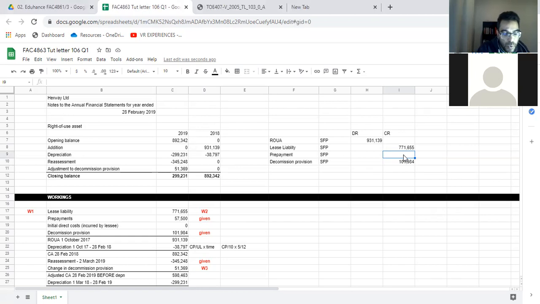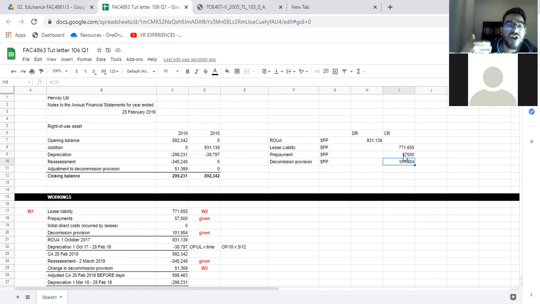Now, when the lease actually commences, so they no longer have a deposit, the deposit is credited and taken against the right of use asset. So that is why we reduce the deposit. So at 1 October 2017, when they made the deposit, they said Credit Bank, debit deposit, debit prepayment.